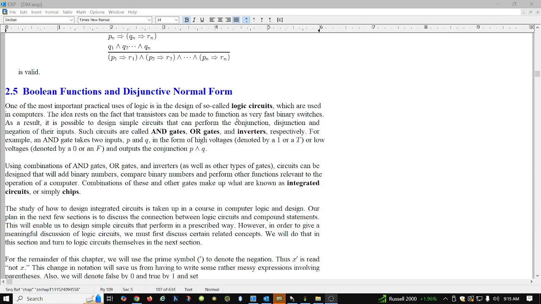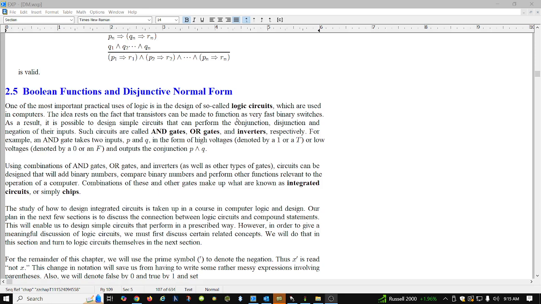And so it's possible to design simple computer circuits that can perform conjunction, disjunction, and negation of their inputs. These are called AND gates, OR gates, and inverters, respectively.